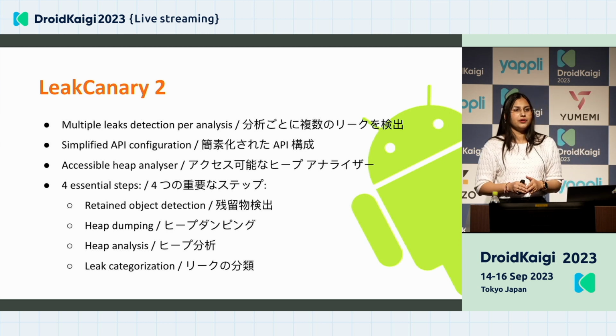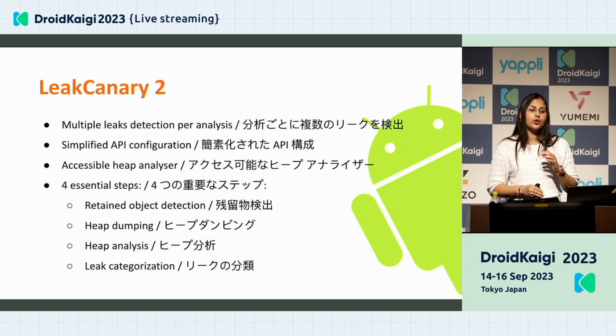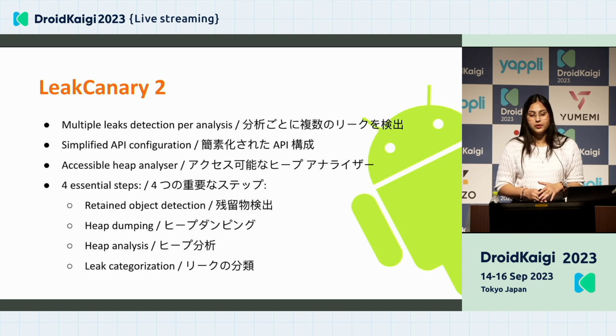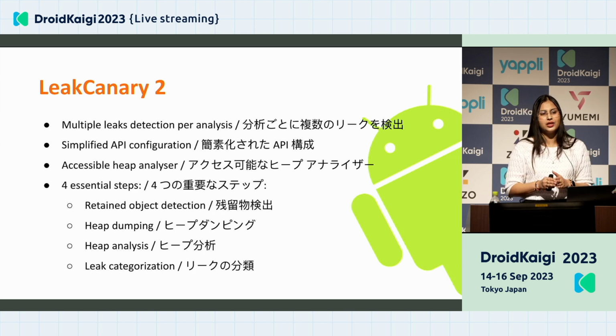What makes it different is the knowledge of the internals of the Android framework, where you can narrow down the cause of each leak, and you can actually reduce ANRs. LeakCanary will help you to find and fix these memory leaks during your development cycle itself.